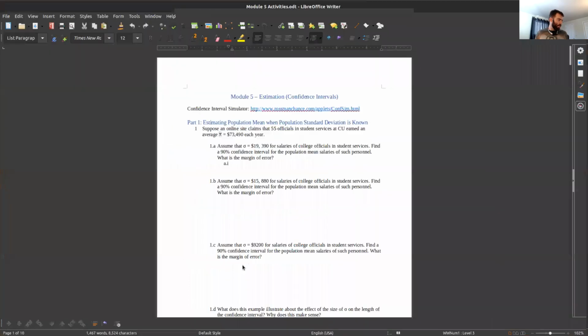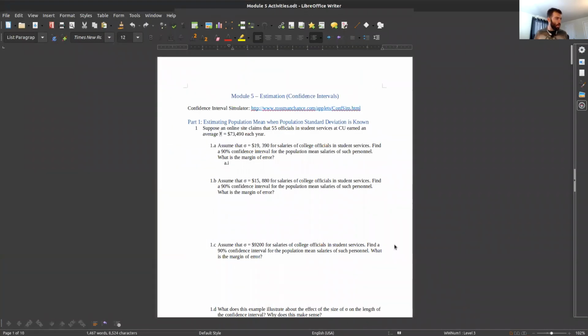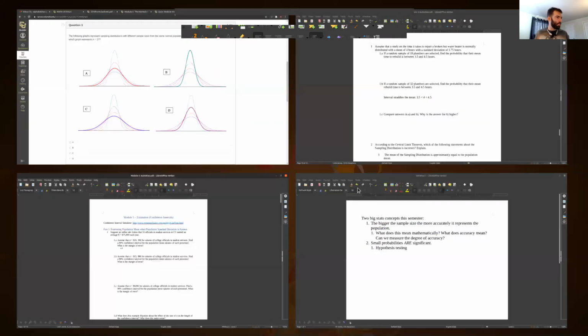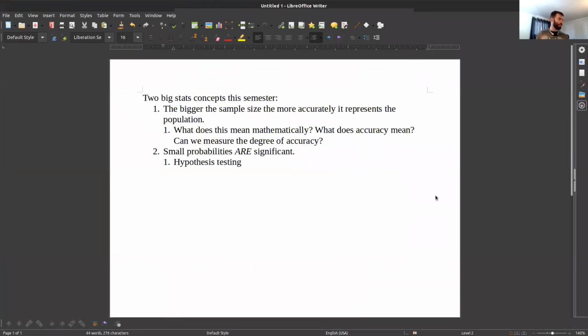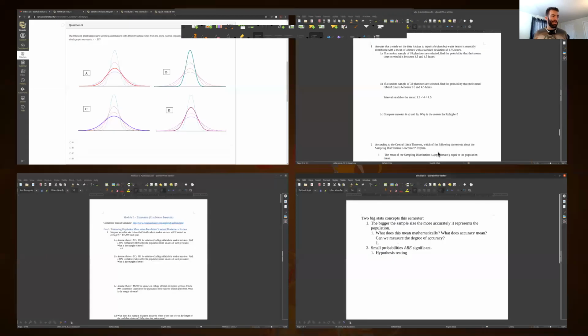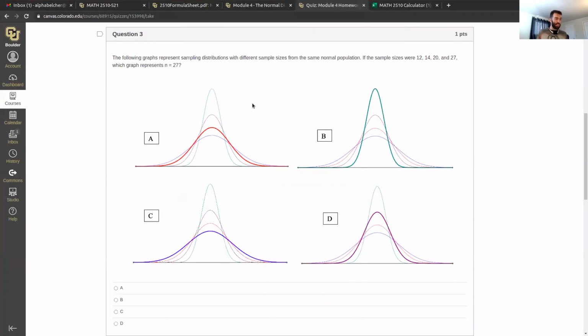So in confidence intervals, what we want to do, let's pull up an extra note sheet here to give us some space to write. Let's see, any notes we want to add. So can we measure the degree of accuracy? Let's maybe make a mathematical note on that. So we looked at the pictures and we can describe it with areas.